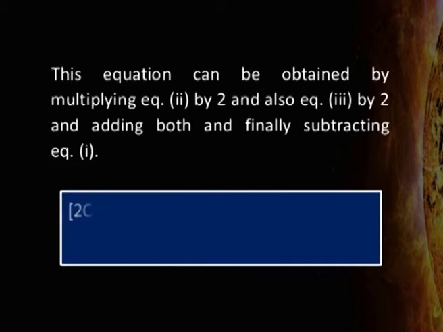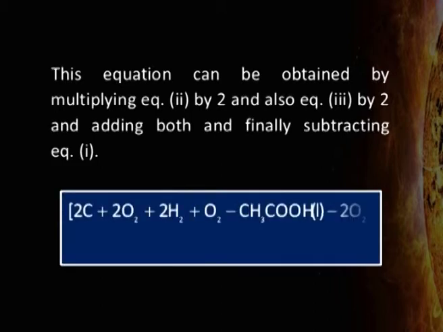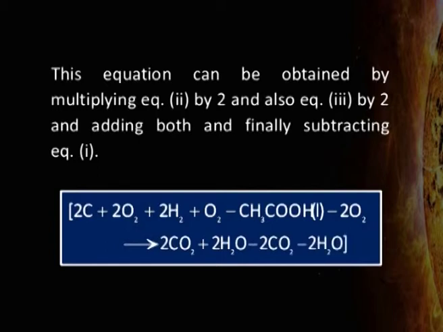We will get 2 carbon plus 2 O2 plus 2 H2 plus O2 minus CH3COOH minus 2 O2 giving you 2 CO2 plus 2 H2O minus 2 CO2 minus 2 H2O. Cancelling same terms, we will get the required equation.